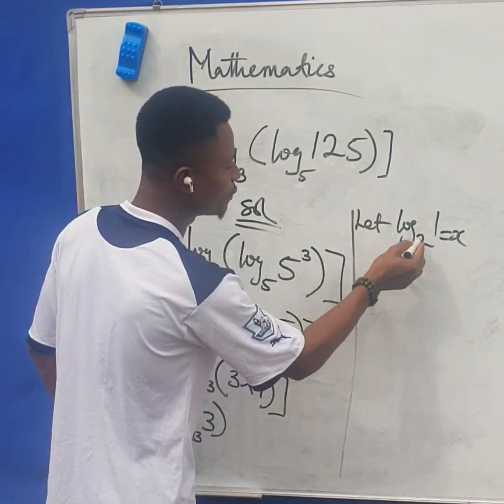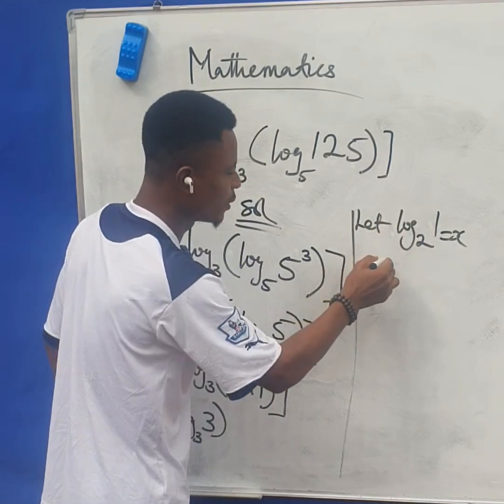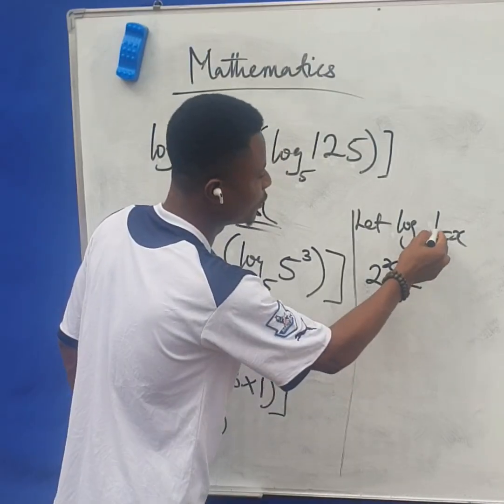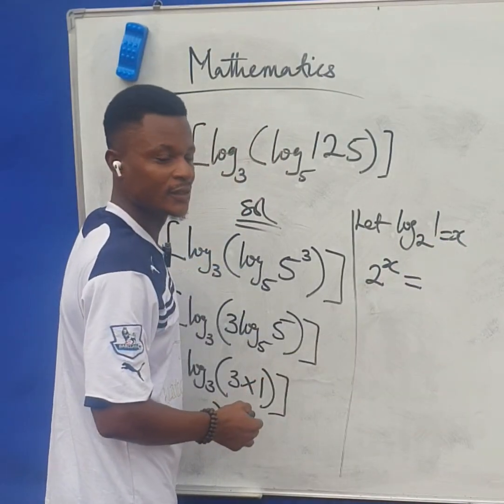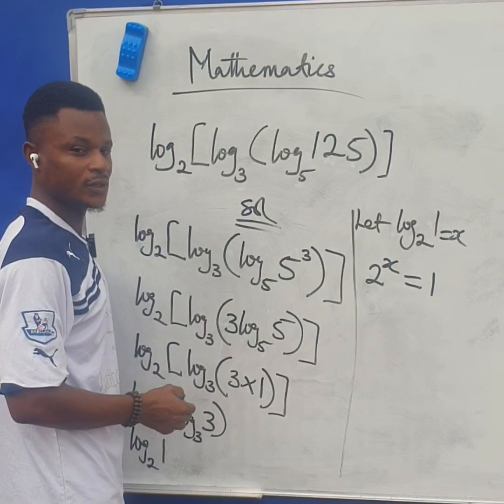When we do that, we are going to have this 2, with this x coming to this side to take the place of this 1, on top of the 2. Then equal to, this 1 will take the position of this x. And it becomes this. You understand?